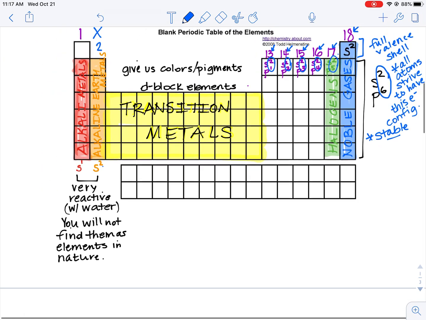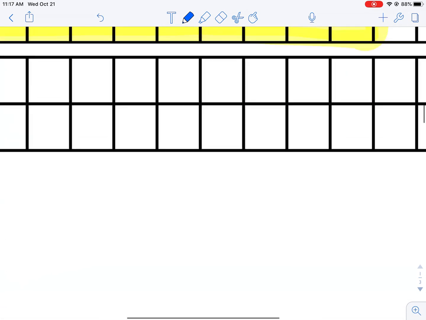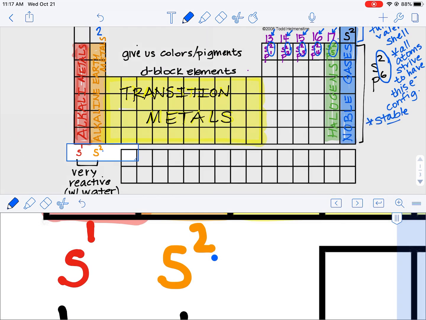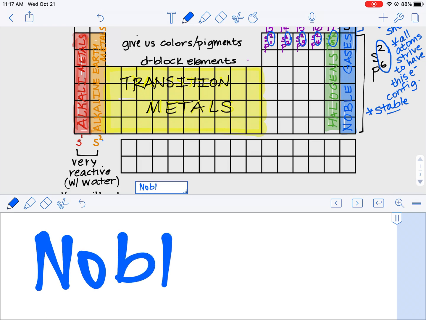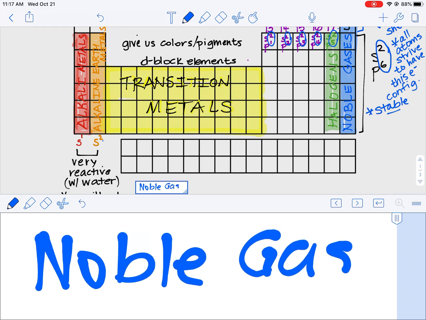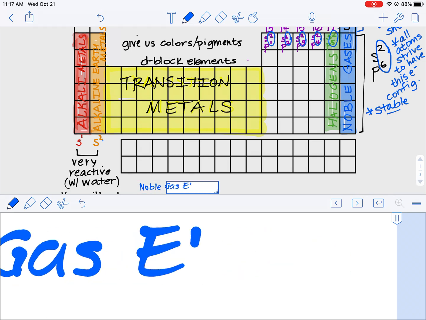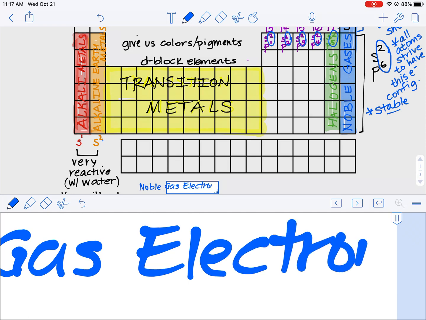So what can we do with this knowledge now? We can now finally learn the last way to write electron configurations, and that is called the noble gas electron configuration notation.